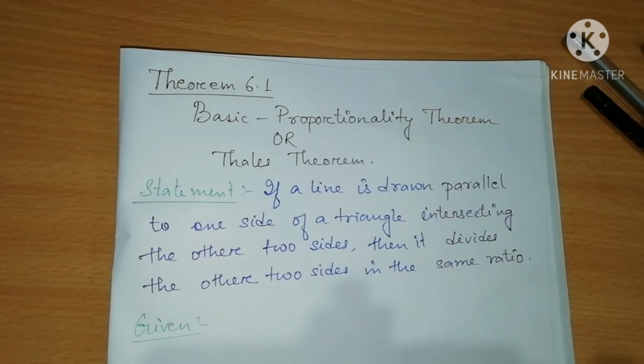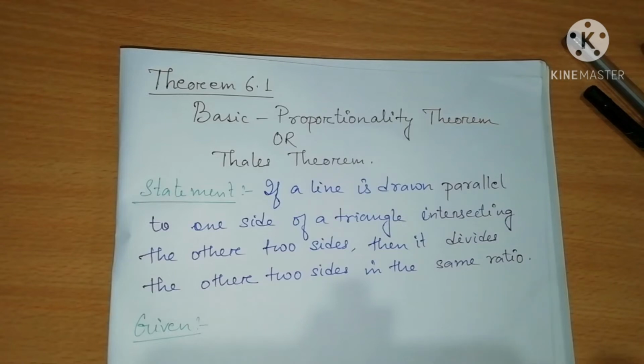In this chapter we shall learn about some theorems related to similar triangles. The first theorem is the basic proportionality theorem, which is nowadays known as Thales theorem.